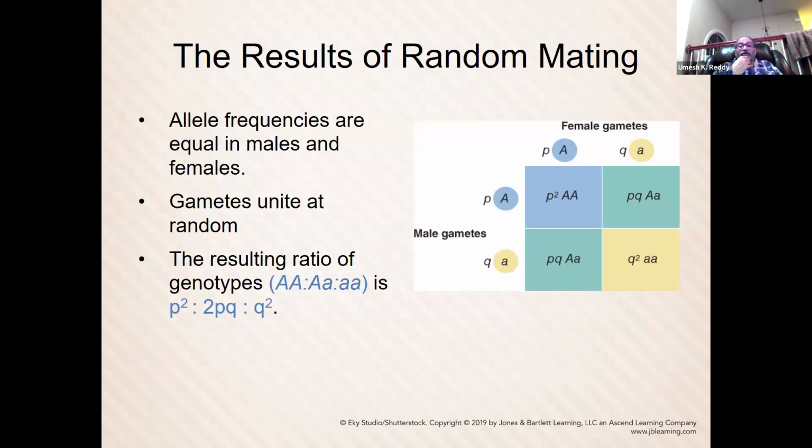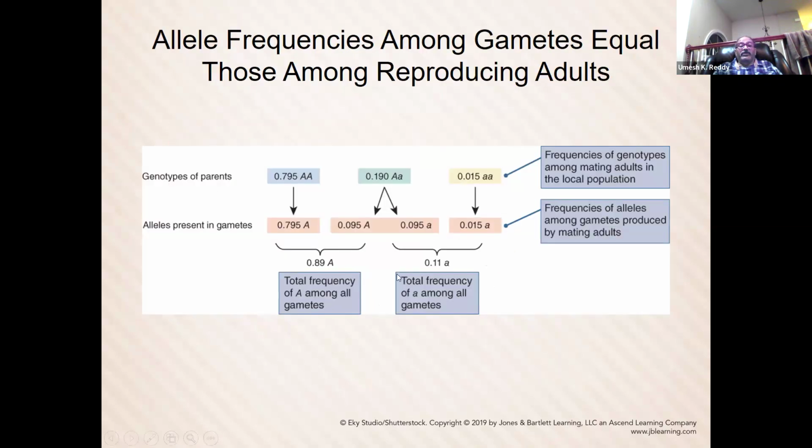Then you can also understand how evolutionary forces are operating. If a particular allele is more preferred, say the heterozygotes are more preferred, then there will be an increased number of heterozygotes compared to dominant and recessive alleles.